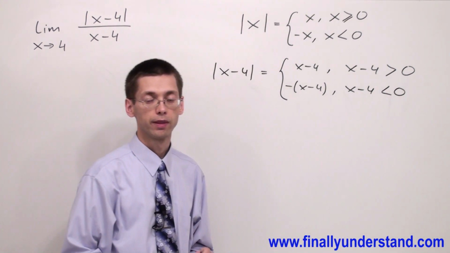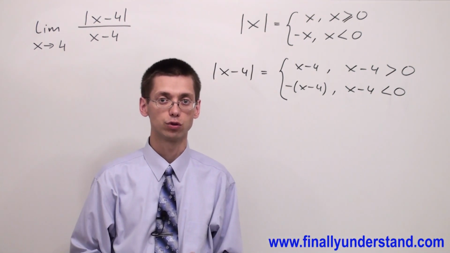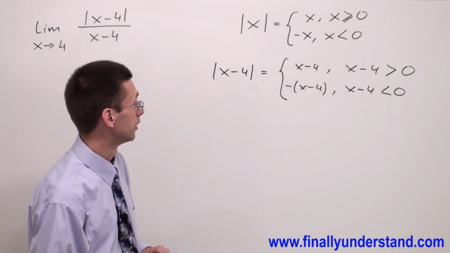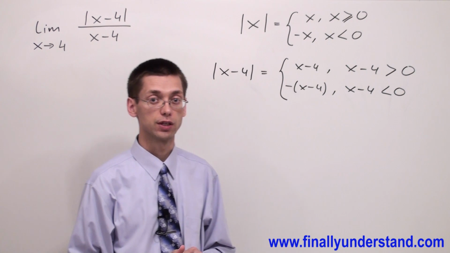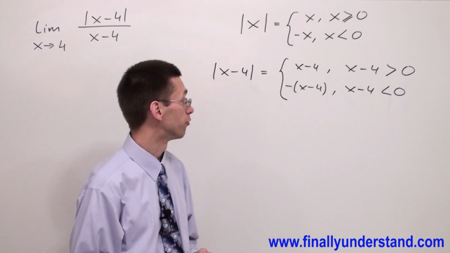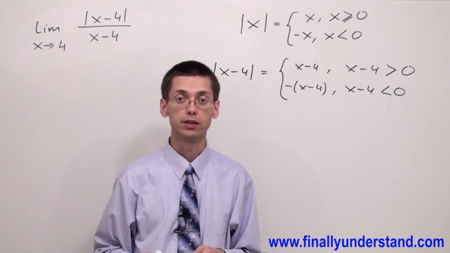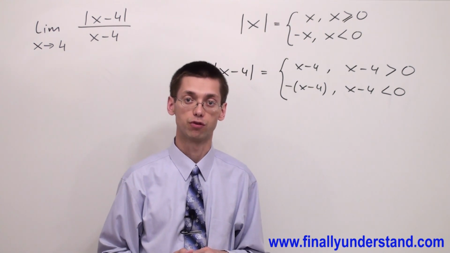As you can see, when we have an absolute value, we're supposed to consider two conditions: when the limit is approaching 4 from the right side, and when the limit is approaching 4 from the left side.